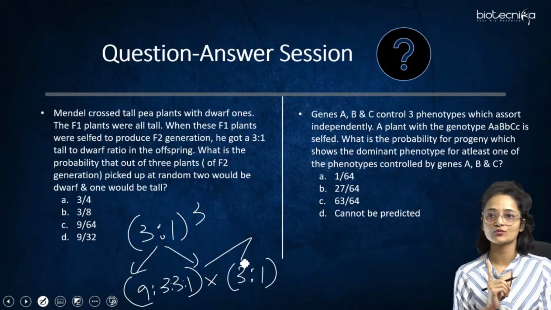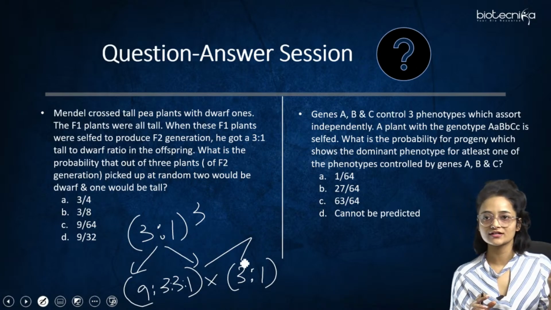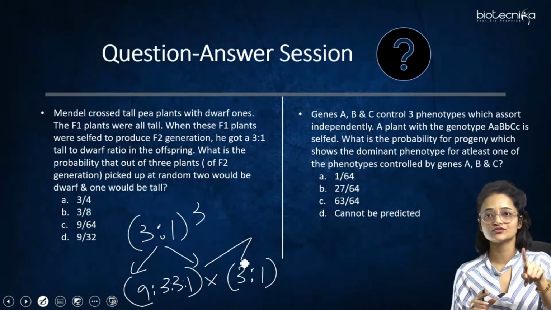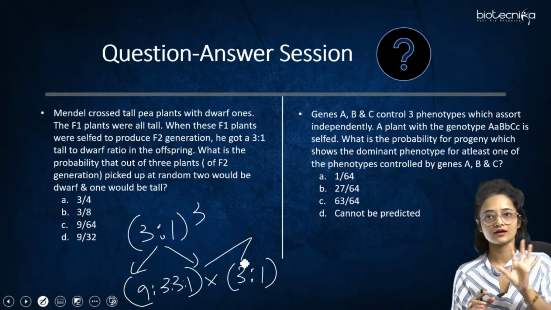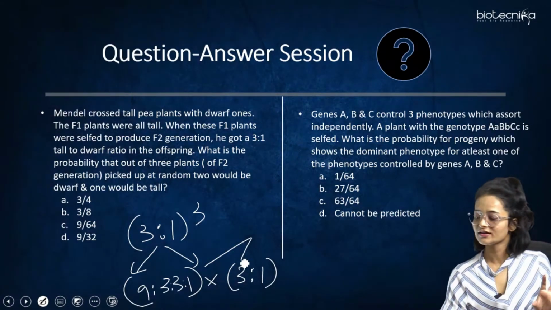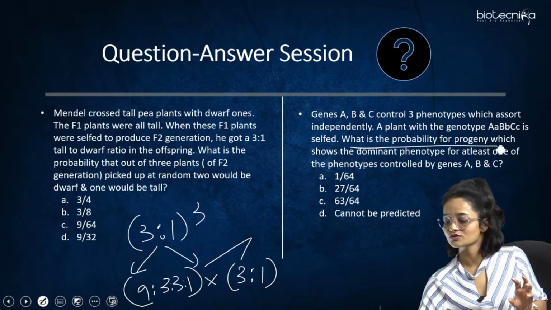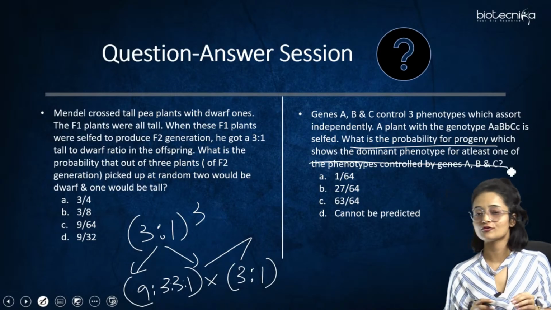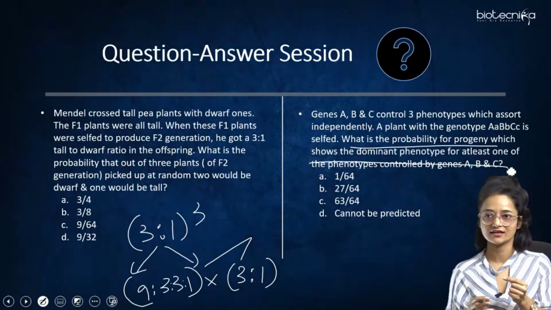We have seen for monohybrid, dihybrid or trihybrid cross, only one class would be present in homozygous recessive form. The rest would be either both traits in dominant form, or either one of the traits in dominant form. So dominance would be shown in all of the traits, and only one would be in recessive form, right? So here it is asking what is the probability of the progeny which shows the dominant phenotype for at least one of the phenotypes controlled by genes A, B, and C, right?